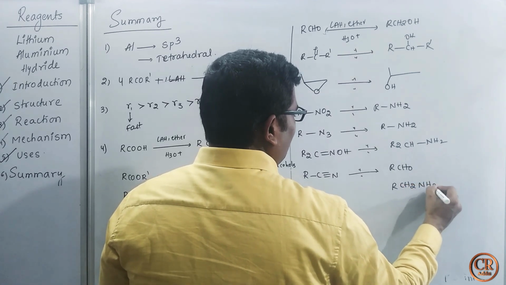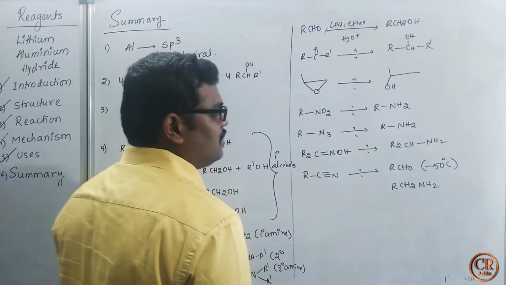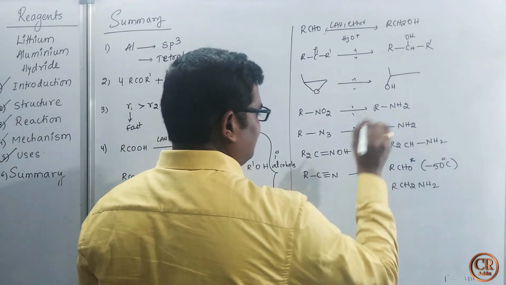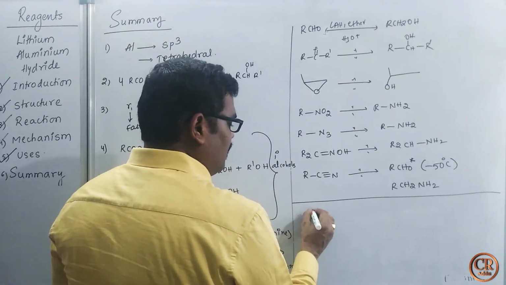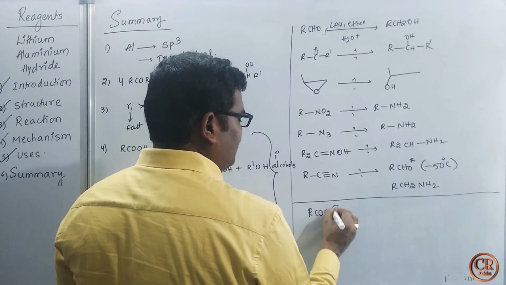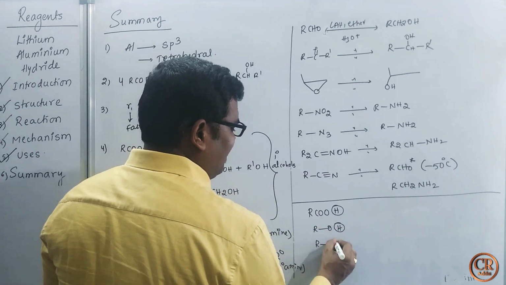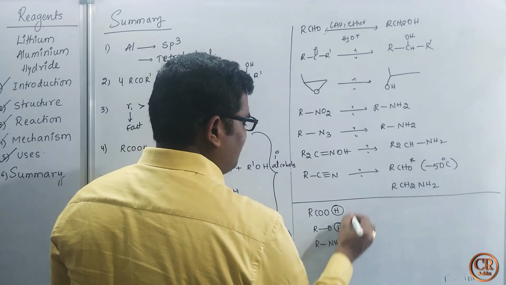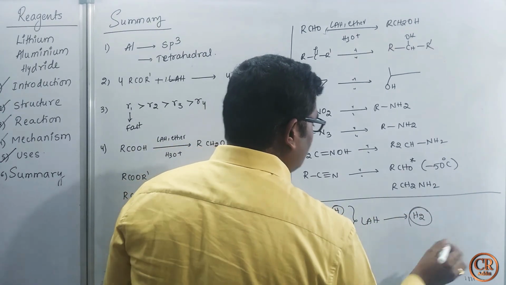Already you know this is possible if the reaction is carried out at minus 50 degrees Celsius. And the last one is when lithium aluminium hydride reacts with compounds having active hydrogens, then it liberates hydrogen gas.